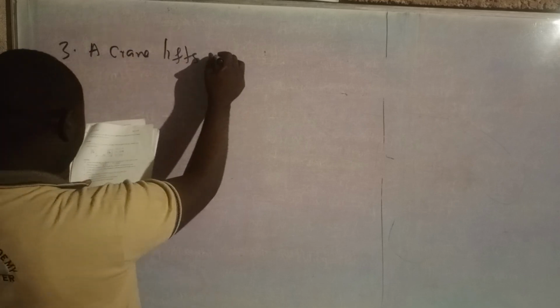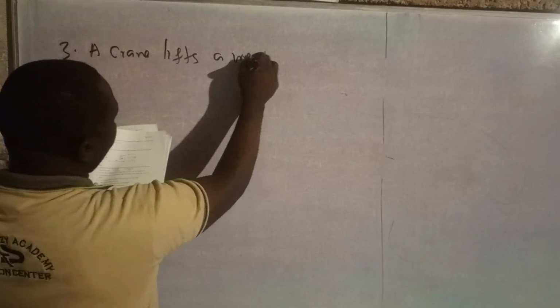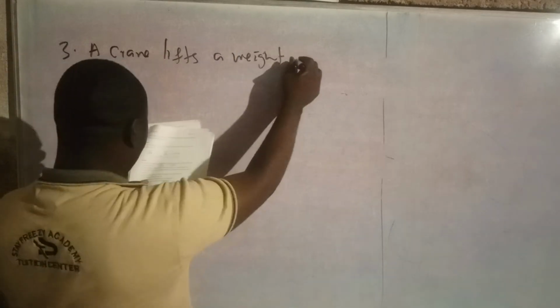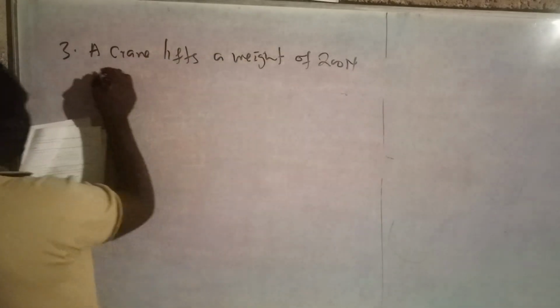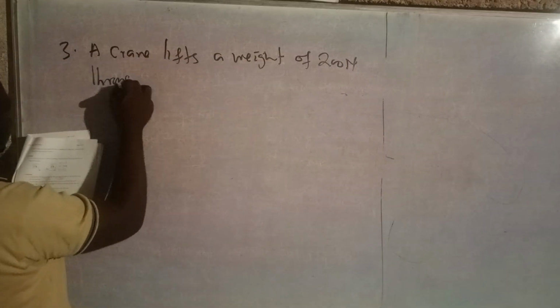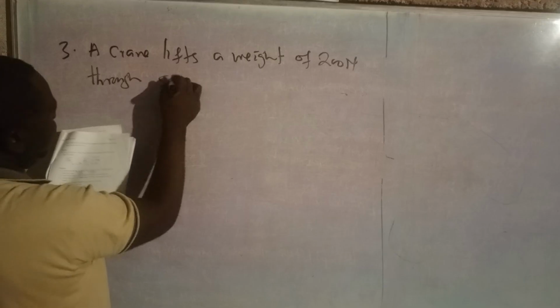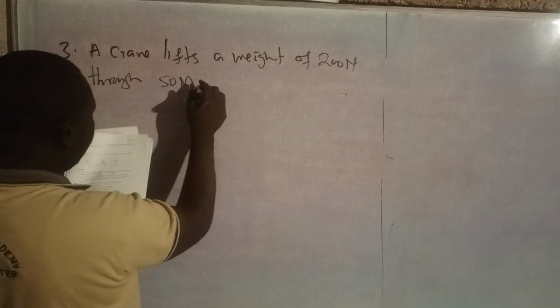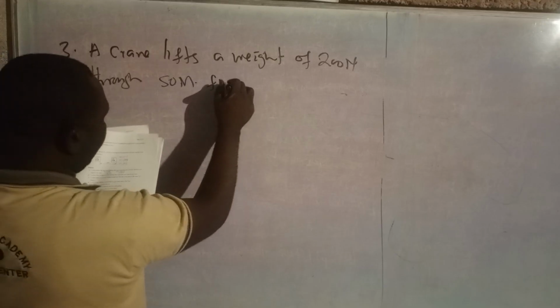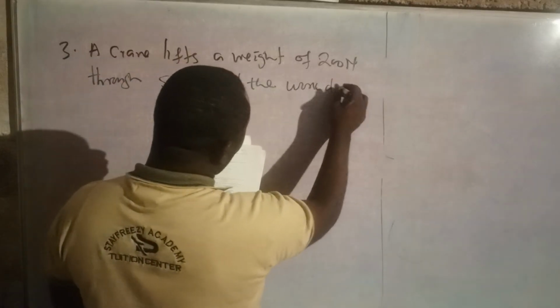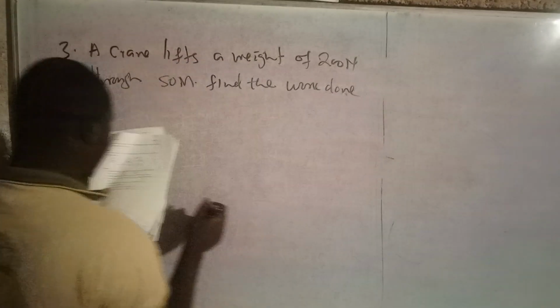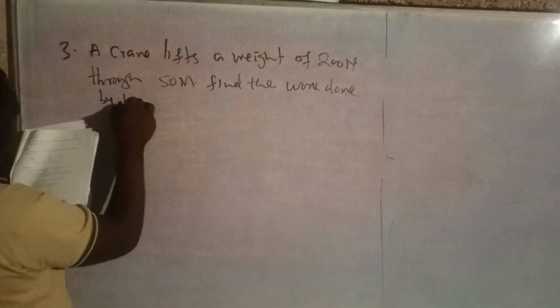A crane lifts a weight of 200 newtons through 50 meters. Find the work done by the crane.